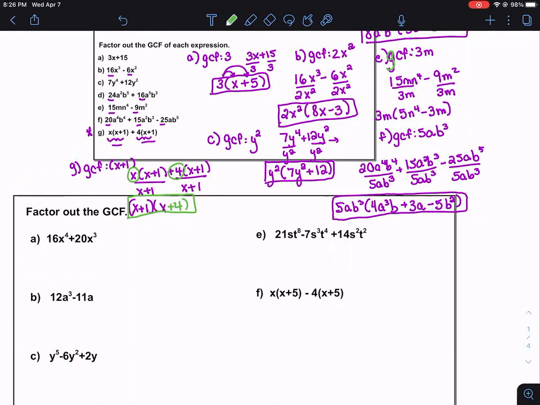Okay, so we'll start in about 4 more minutes. If you are finished early, I'll encourage you to use the distributive property to check your work.